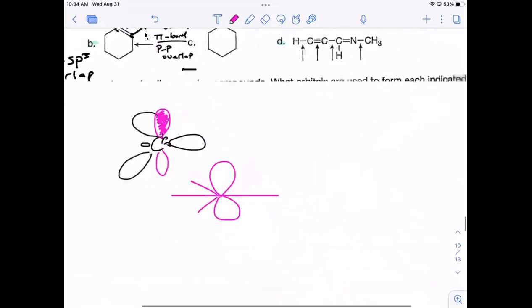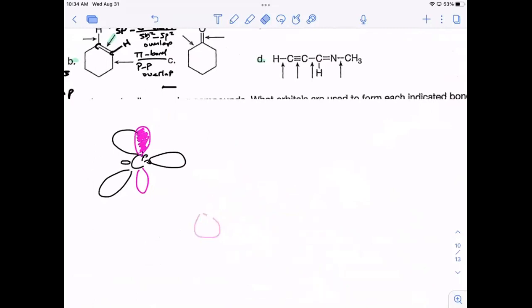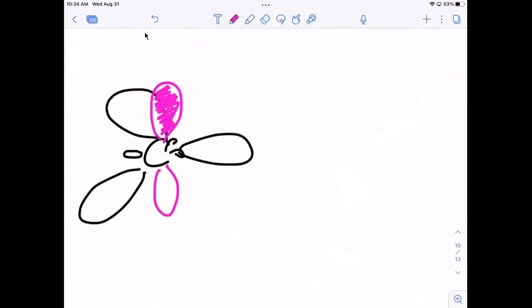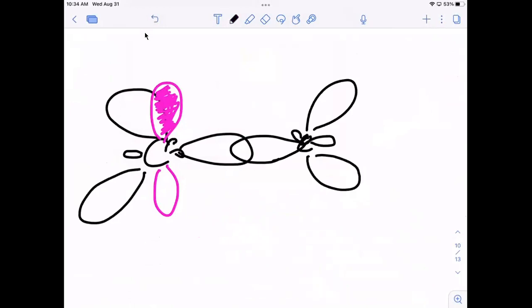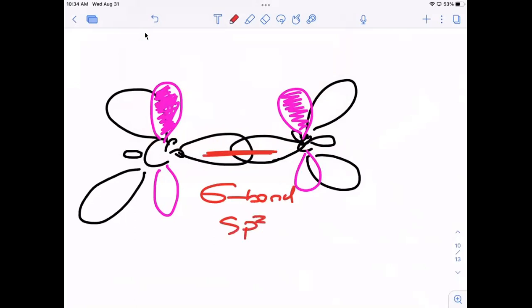And so in that particular bond, that's overlapping with another sp2 carbon. So that's going to look like this, where you have another sp2 carbon here. Same trigonal geometry. And then it also has the p orbitals here. I'm going to shade that too. All right. So the sigma bond is going to happen right here, because the two sp2 hybrids are going to overlap and share electrons.